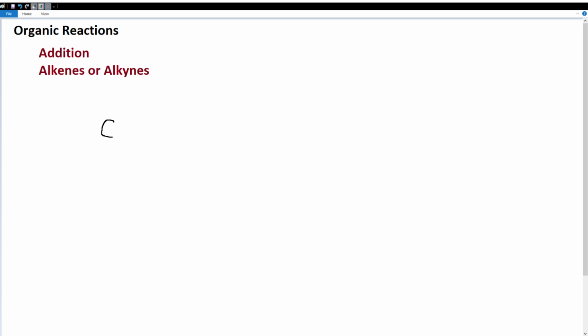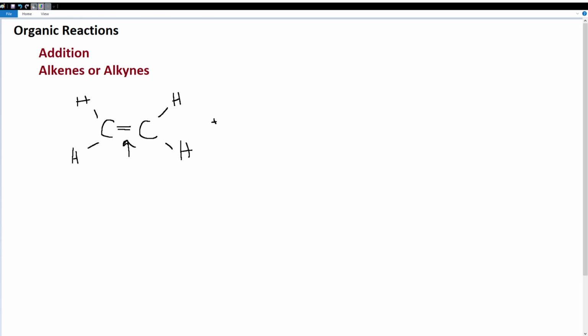So let's say, for instance, you have this molecule, ethene. So you have 2 carbons, 4 hydrogens, and you have a double bond in the middle there between the 2 carbons. So since you have a double bond, you know it's an alkene.